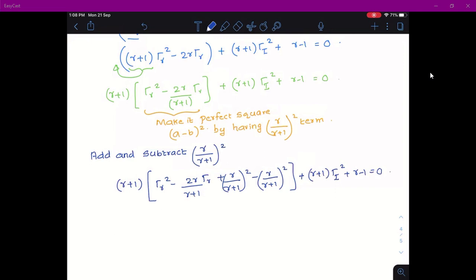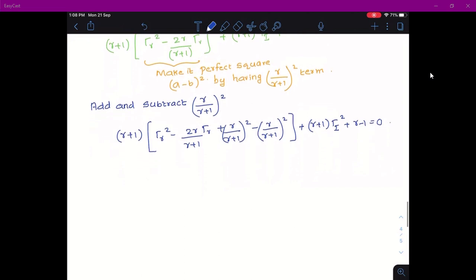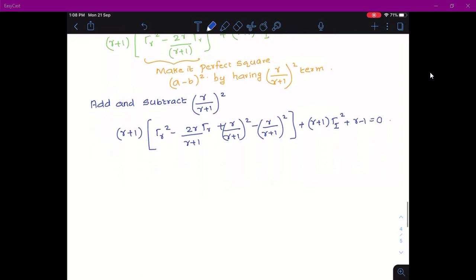So adding and removing r by r plus 1 whole square will not change your equation. Now I can write this as r plus 1 multiplied by tau r square minus 2r tau r by r plus 1 plus r by r plus 1 whole square, and you take the other thing out, so minus r square by r plus 1.